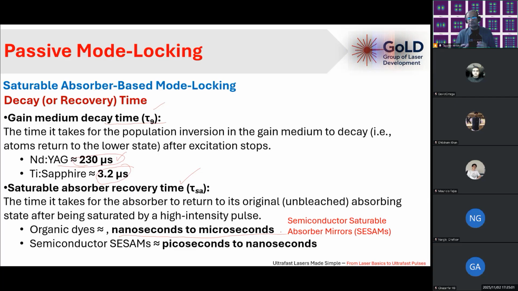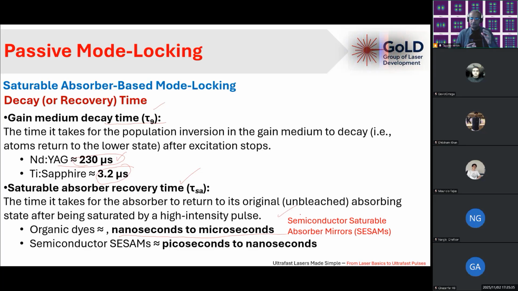Organic dyes, and as I mentioned, semiconductor type saturable absorbers also exist, SESAMs. SESAM stands for semiconductor saturable absorber mirrors. Okay. In the previous slide, I think I showed you the diagram of this kind of absorber. These are manufactured absorbers which are available in the market.